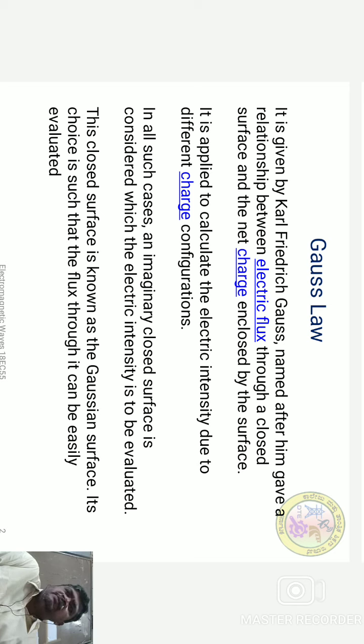The Gauss law, which is also called the first Maxwell's equation, gives the relationship between the electric flux and the charge. Now what is this electric flux? Electric flux is nothing but the electric field linked with the area.